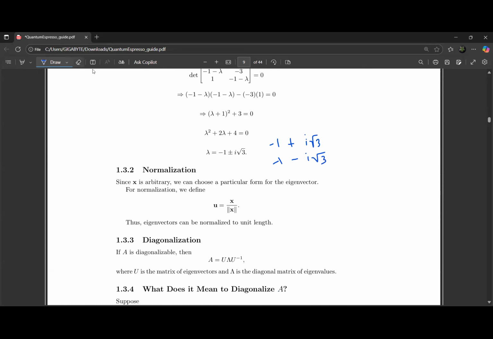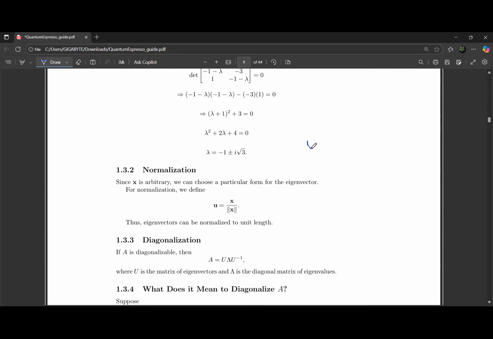Then in the next section, we're going to talk about the normalization process. And what is normalization? In simple terms, getting the magnitude of a vector is basically normalization. And we can do that even over vector matrices.